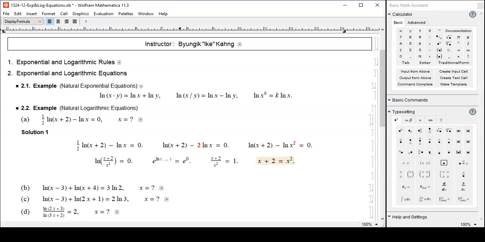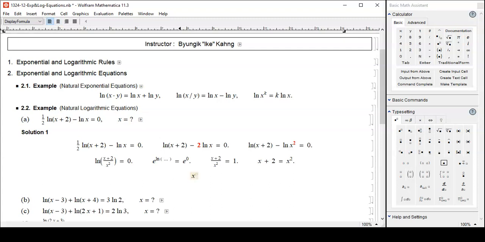Okay, we're up to here, so let's complete the problem. X squared minus x minus 2 is equal to 0, therefore x minus 2, x plus 1 equal to 0. So we get x equal to 2, or x equals to -1, oops, we get these two solutions.